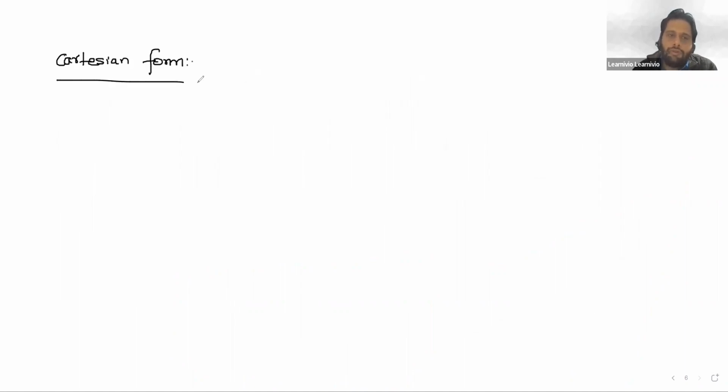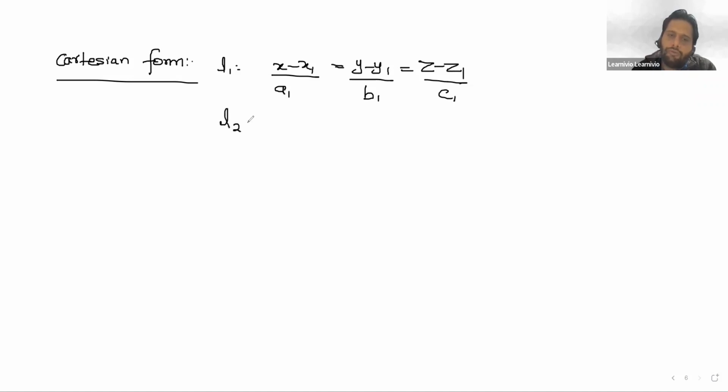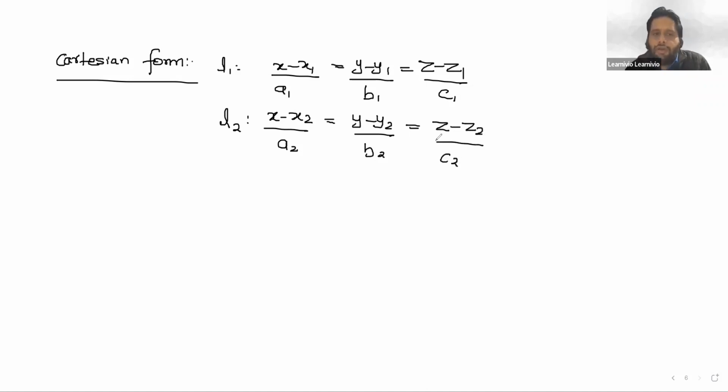For line L1: x minus x1 by a1, y minus y1 by b1, z minus z1 by c1. For L2: x minus x2 by a2, y minus y2 by b2, z minus z2 by c2. This is your Cartesian form, L1 and L2.